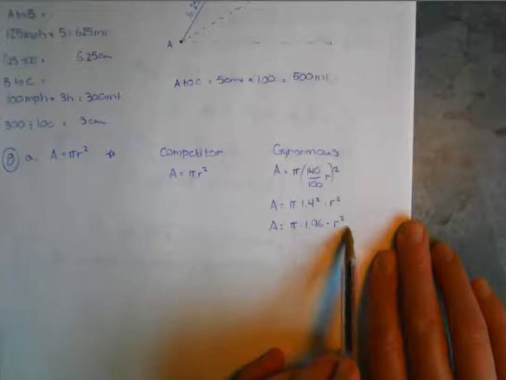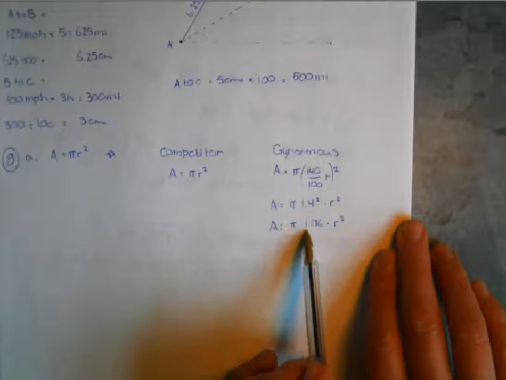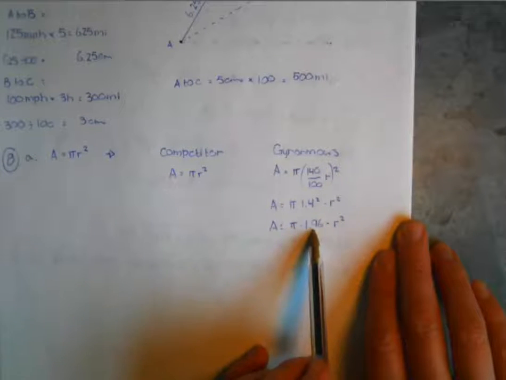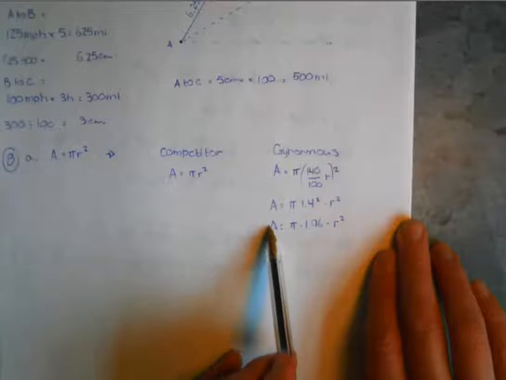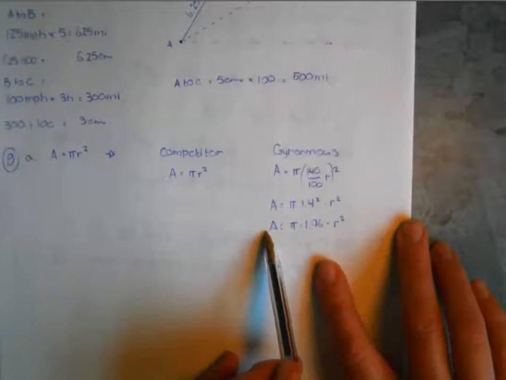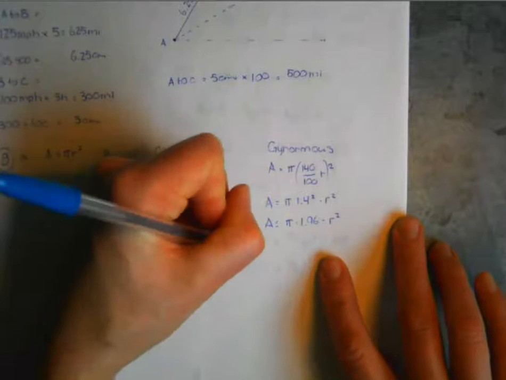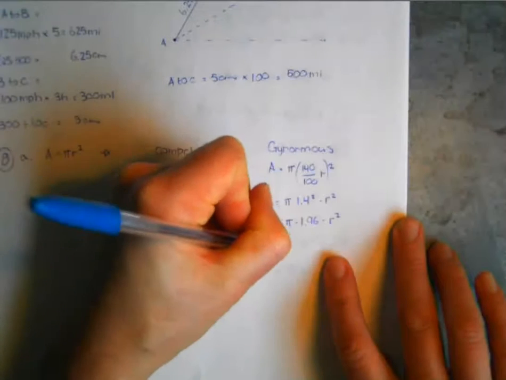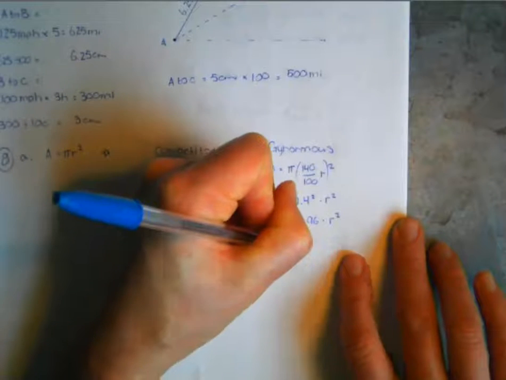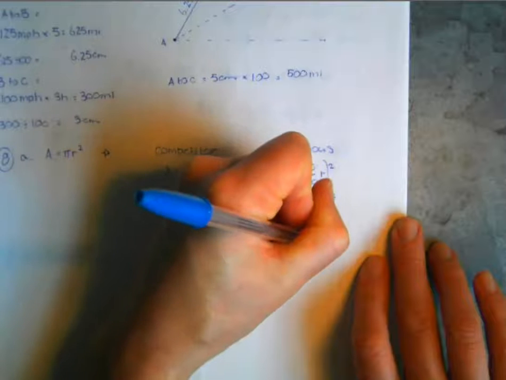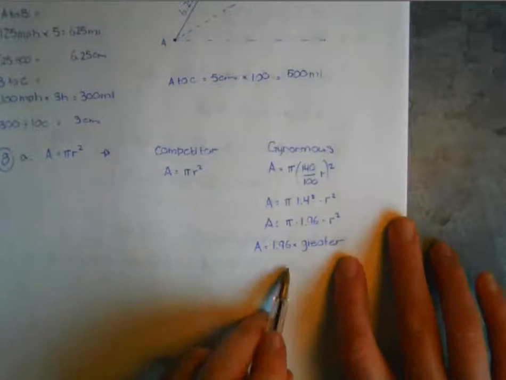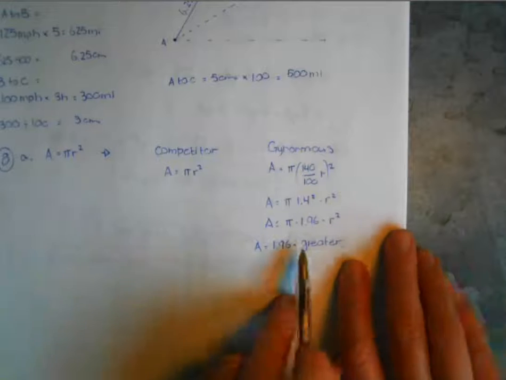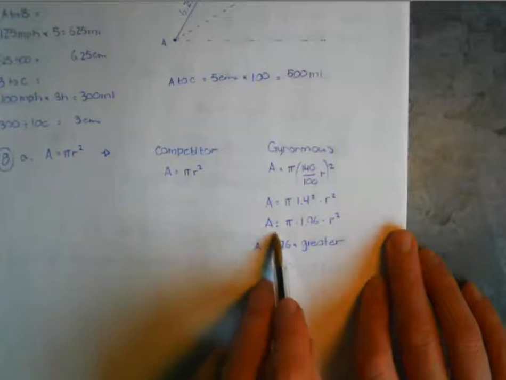We have the same formula here, but on this side it's being multiplied by 1.96. If you multiply this side by 1.96, then the other side is also being multiplied by 1.96, which means the area is 1.96 times greater than the original, than the competitor's. Okay, so if this side is being multiplied by that, so is the area.